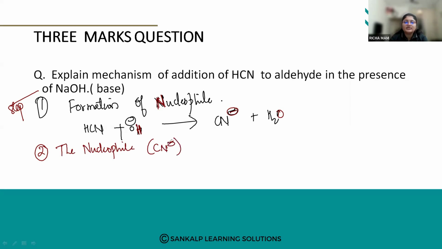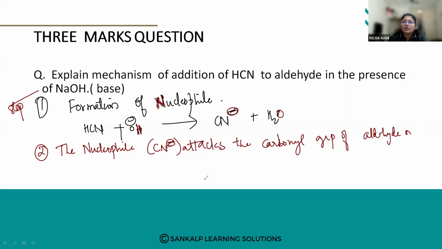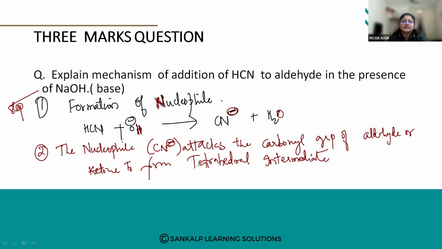It attacks the carbonyl group of aldehyde or ketone to form a tetrahedral intermediate. So let us see the second step.